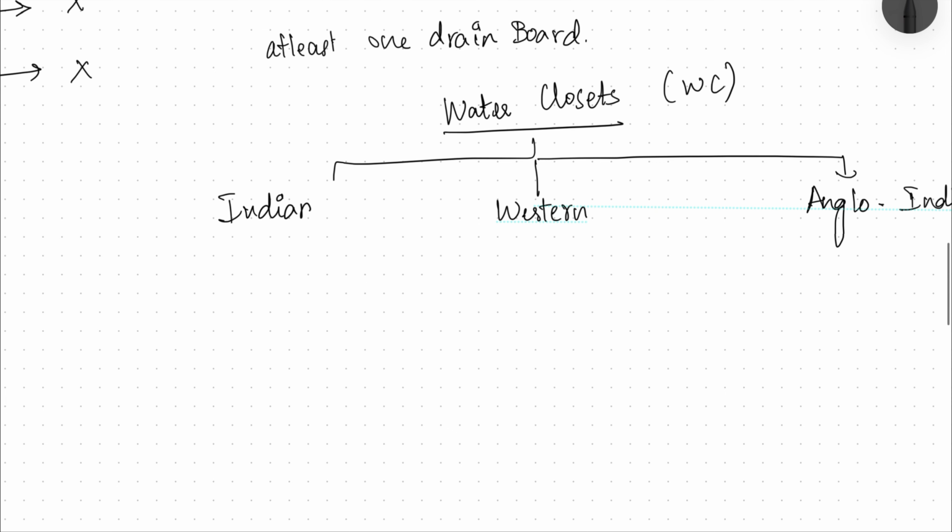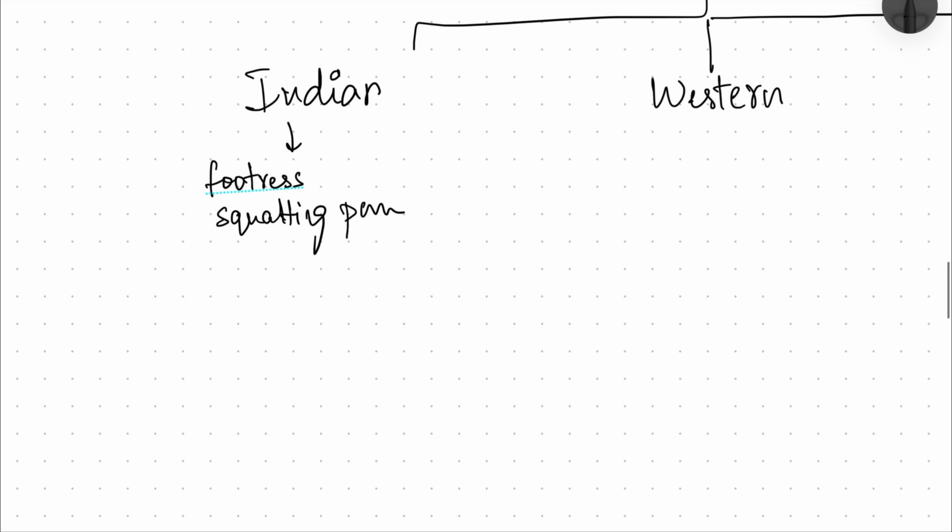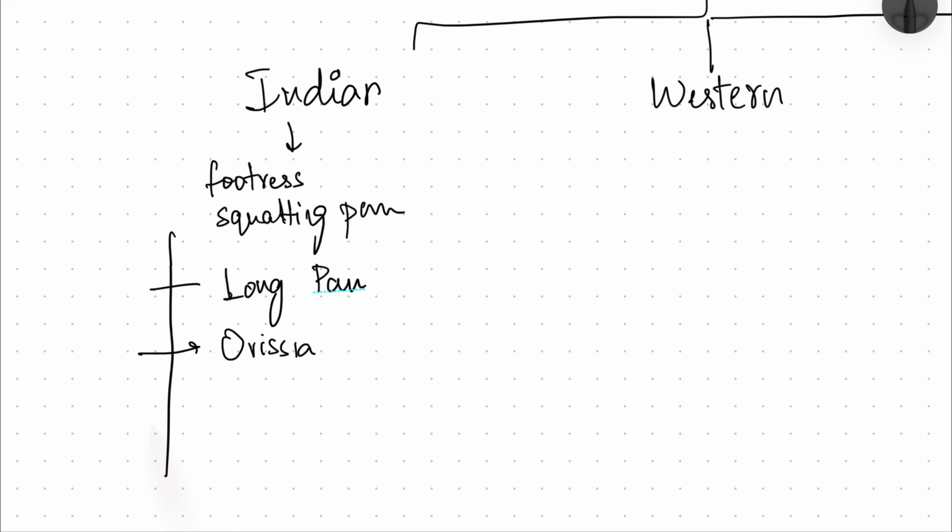In Indian, it has the footrest and the squatting pan. This is of different types: long pan, Orissa, rural, and integrated. They vary in the size and shape.